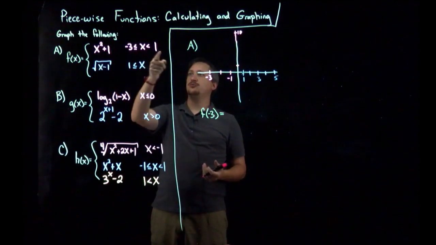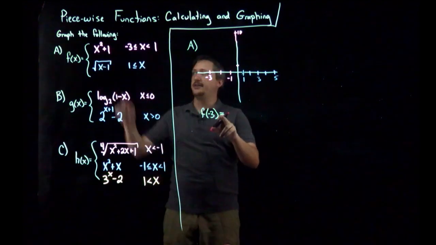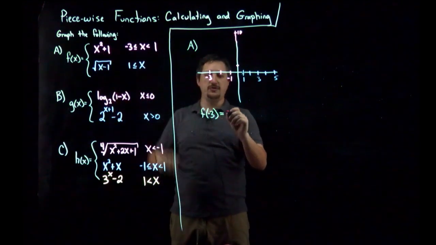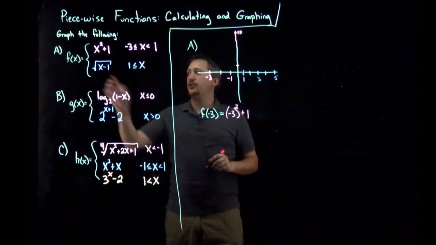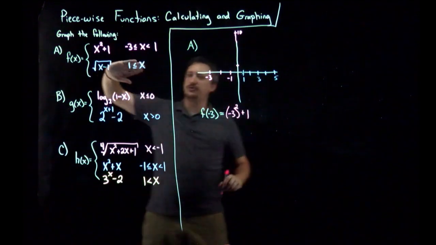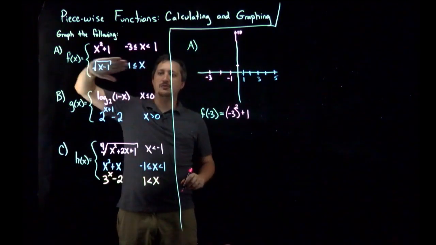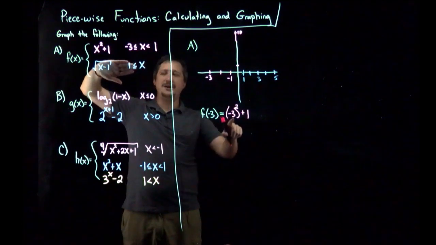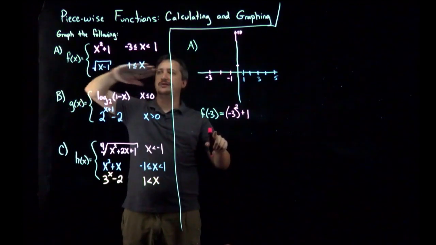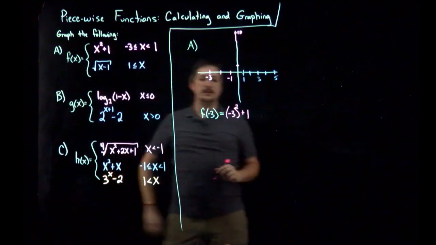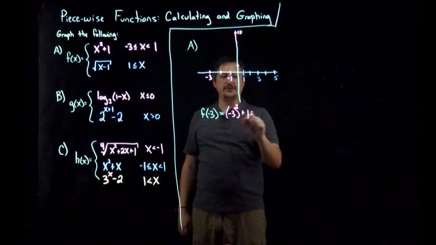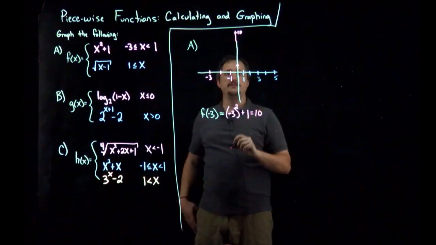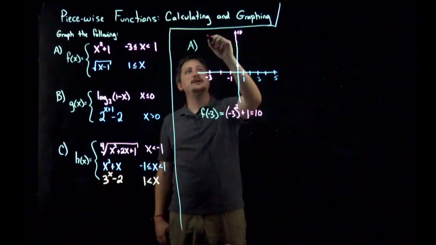So it's on this row, which tells me then that I'm going to be using this function. So it's going to be -3 squared plus 1. Okay? I don't even need to care what this other function is. It never shows up, right? I can just erase that and not care about it because -3 is not in the domain, so this doesn't matter, right? This then, I can calculate. -3 squared is 9, 9 plus 1 is 10. So at -3, I'm going to get 10.